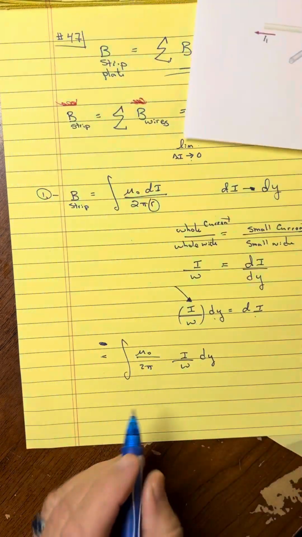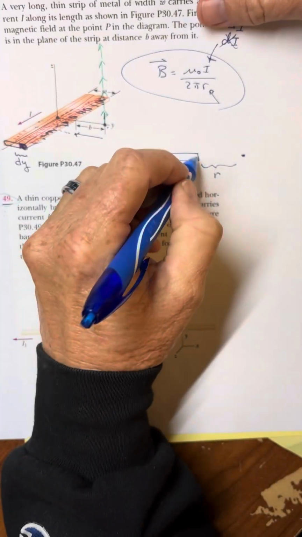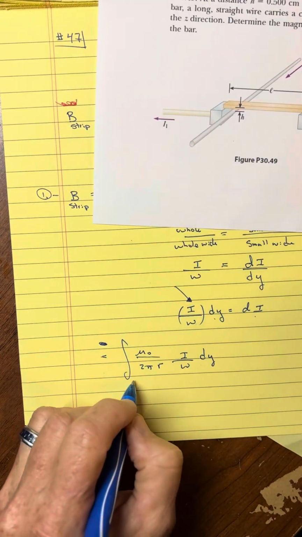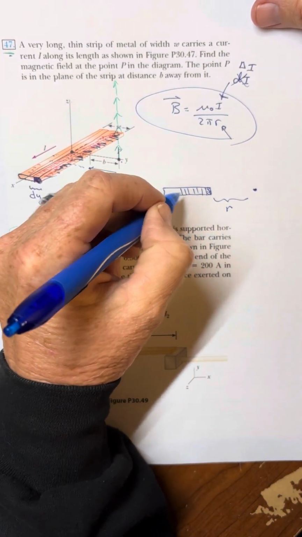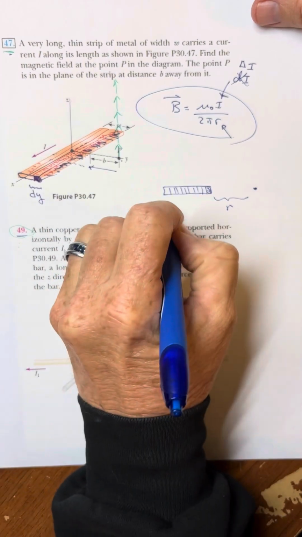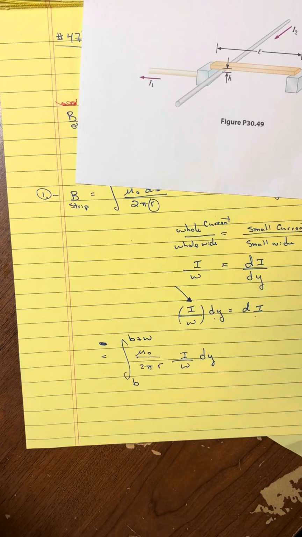And so why don't I leave this as an r, and then you'll see that the first little strip does start at a distance b away, and the next one gets further and further, and eventually, here's the width of it, it gets to being b plus w away.